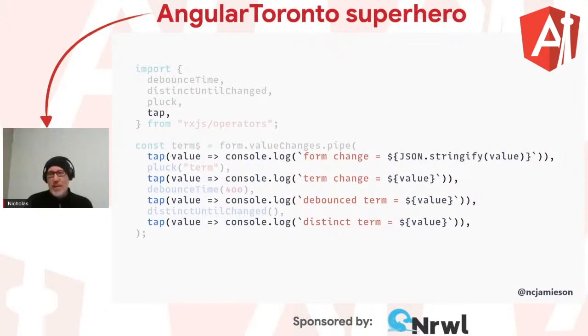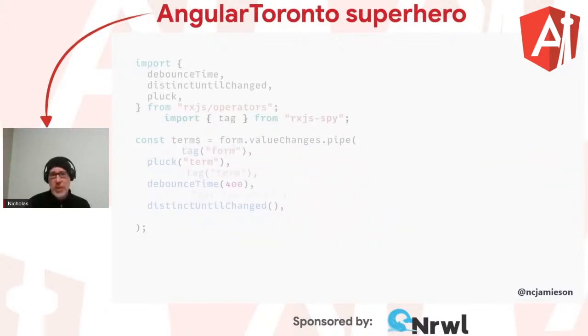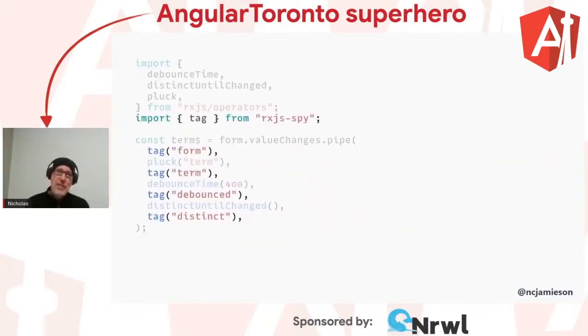So when I started working with tooling to make developing with RxJS a little bit better, a few years ago, I wrote a tool called RxJS Spy. And the very first thing that I wanted to do with that tool was remove the need to have to modify your code to put in this sort of logging. So the way that tool works, at the core of it, is it has this tag operator.